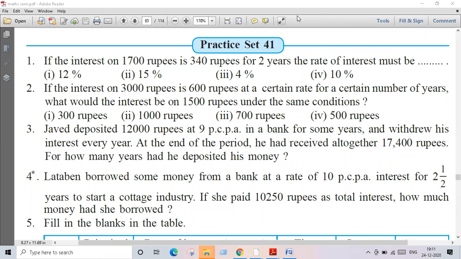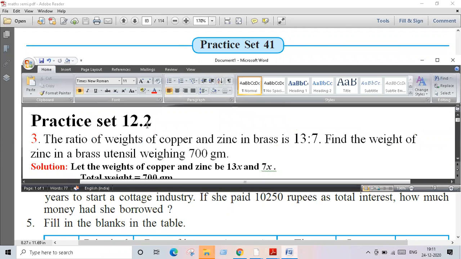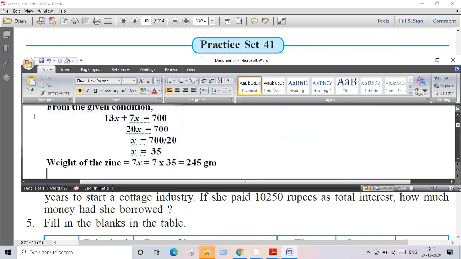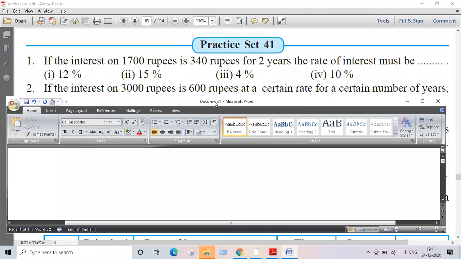But still we are going to solve it. Let's see, guys. So question number 1 here.